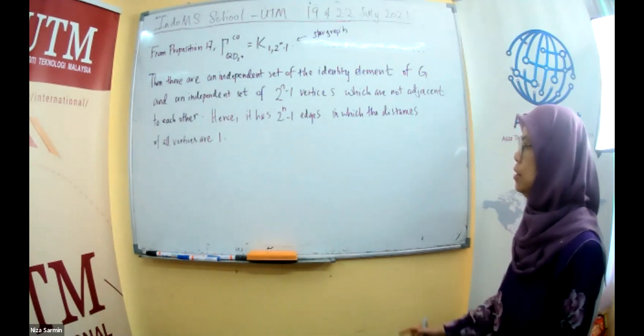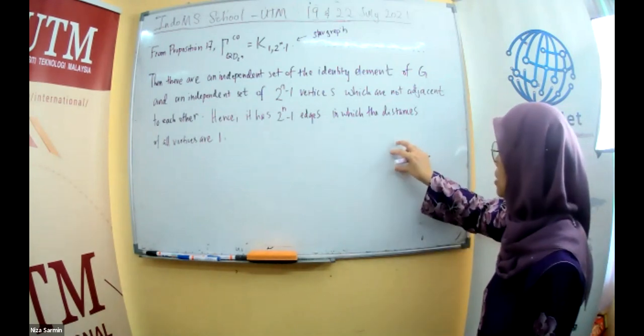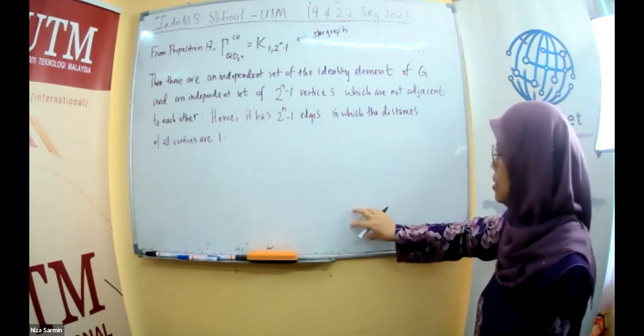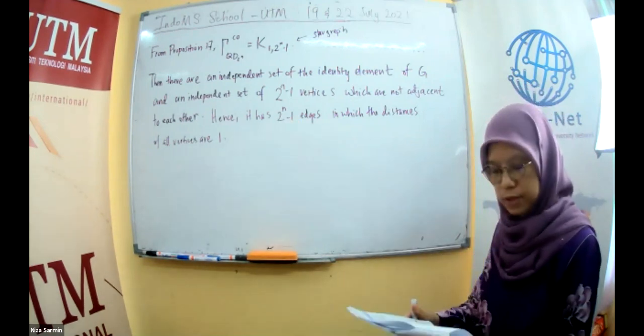So there's one set in which this is like a complete one, in which of vertices, and then there's another one, and there's another one. So you have this many.